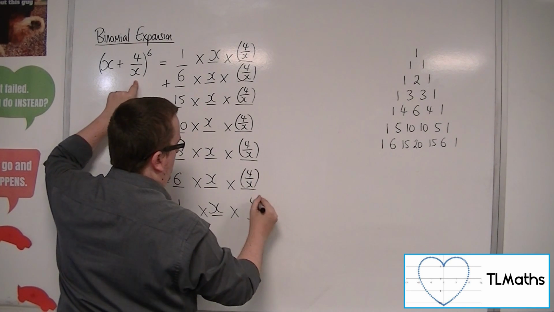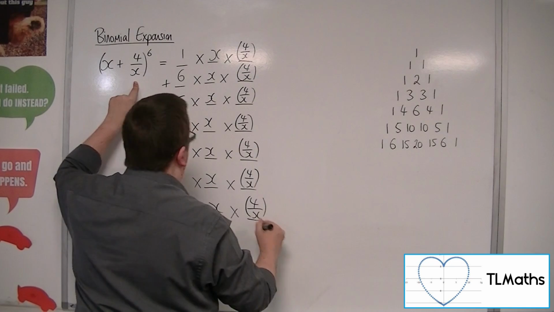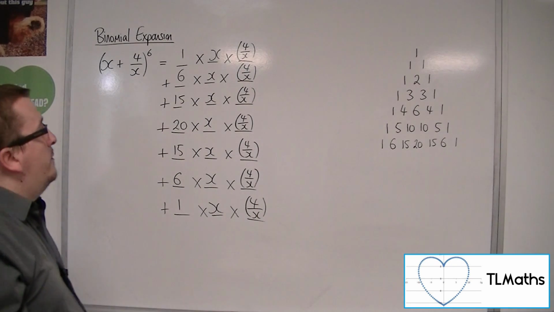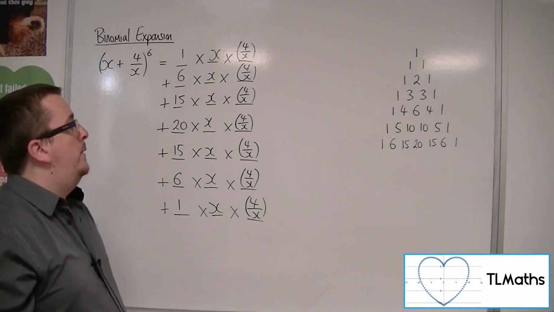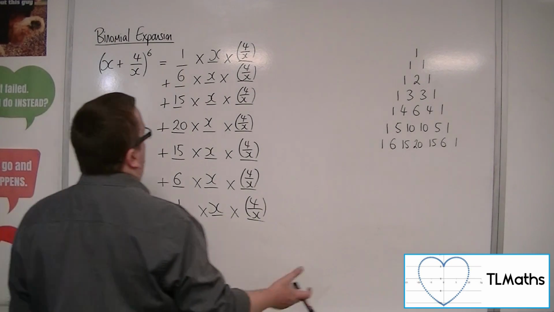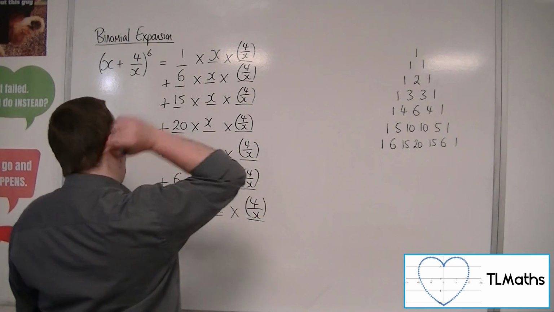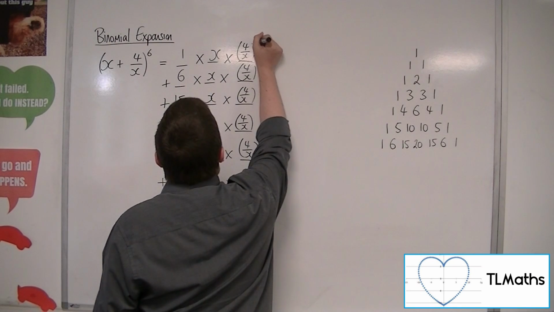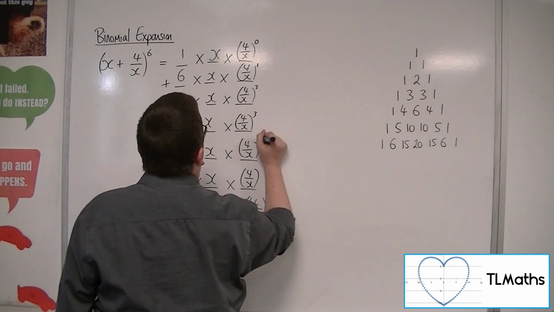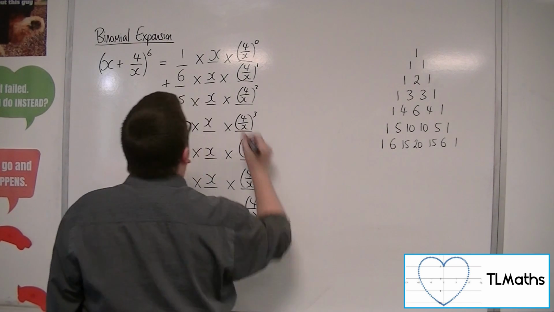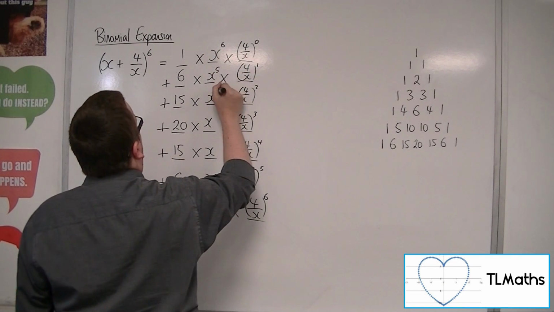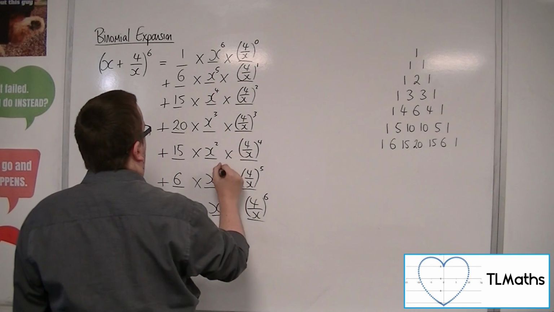Right, so if I'm going to go into ascending powers of x, as we would usually say, I would have this as 0, then 1, 2, 3, 4, 5, and 6, and then 6, 5, 4, 3, 2, 1, and 0.